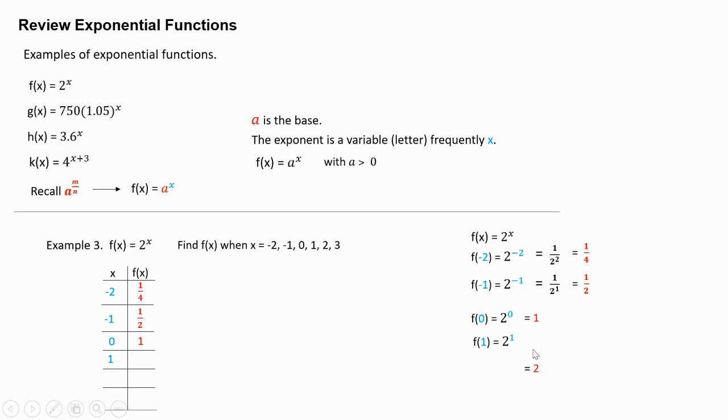So when x is 2, we evaluate f of 2, which is equal to 4. So when x is 2, y is 4. And finally, when x is 3, we evaluate f of 3, which is 2 to the third power, equals 8. Why? Because 2 times 2 times 2 is equal to 8.